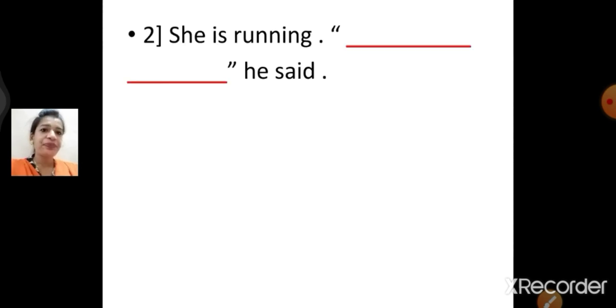Now you can see the second one. She is running. Dash, he said. Now what is the contraction form of she is?